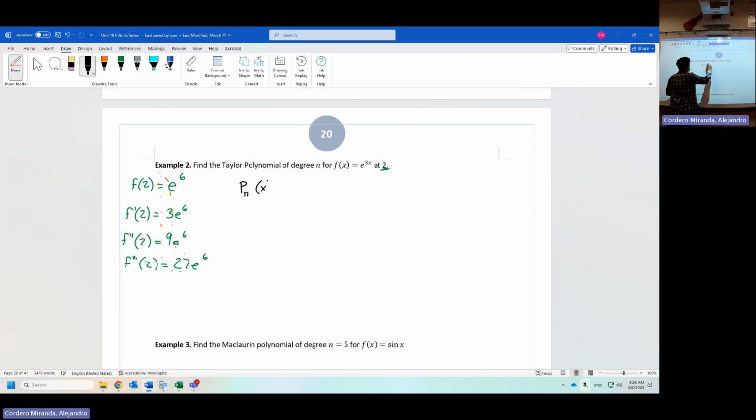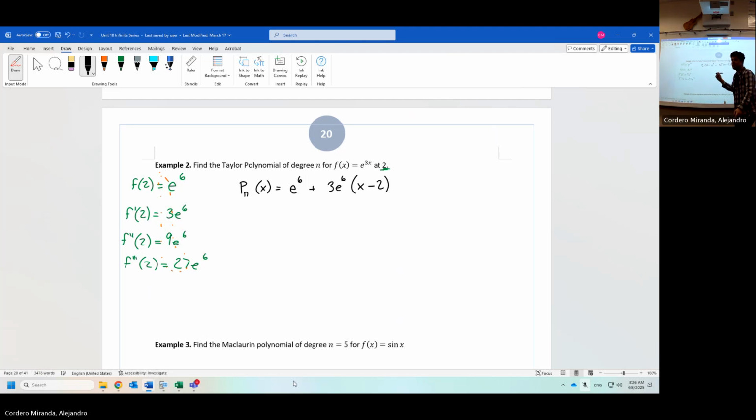Nth degree polynomial would be e to the 6 plus 3e to the 6 times the x minus 2, like last time, the x minus 2. Plus 9e to the 6 times x minus 2 squared.